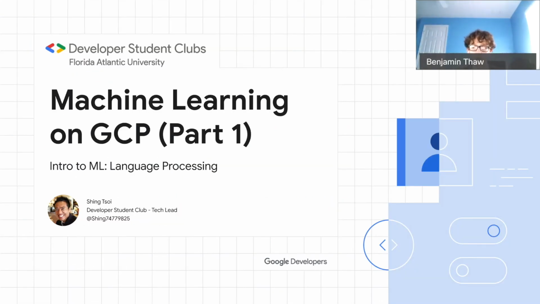So this specific quest was machine learning for language processing, and we intend to have a series of quests, study gyms, and/or workshops. This is part 1 of that series, using GCP to achieve machine learning and AI tasks.